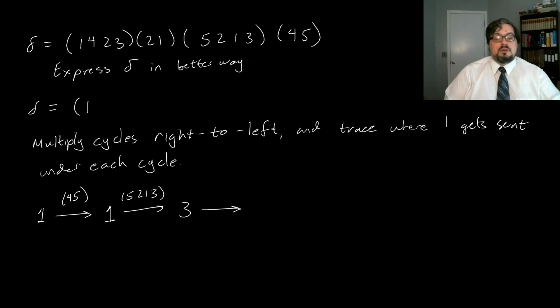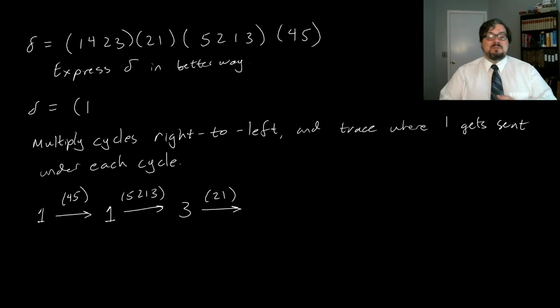And now we look at the next cycle, which is (2 1). And 3 does not get sent anywhere under (2 1). 1 would have, but we're not 1 anymore. When we throw 1 into this delta permutation, 1 got sent to 3 under the second cycle in the sequence, and 3 doesn't get changed when you apply the cycle (2 1) to it.